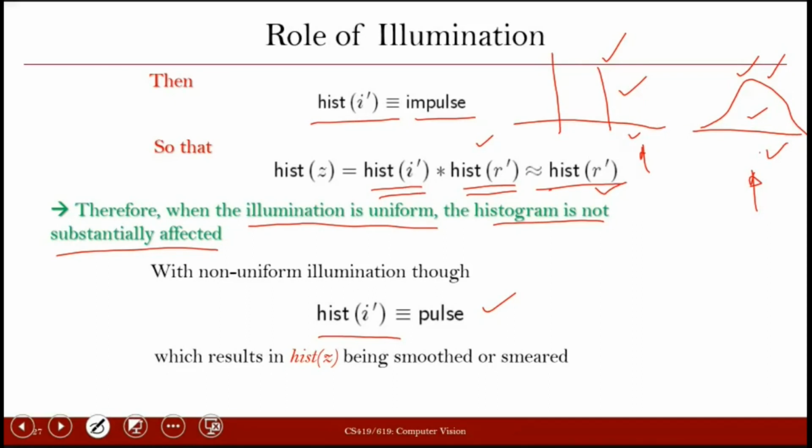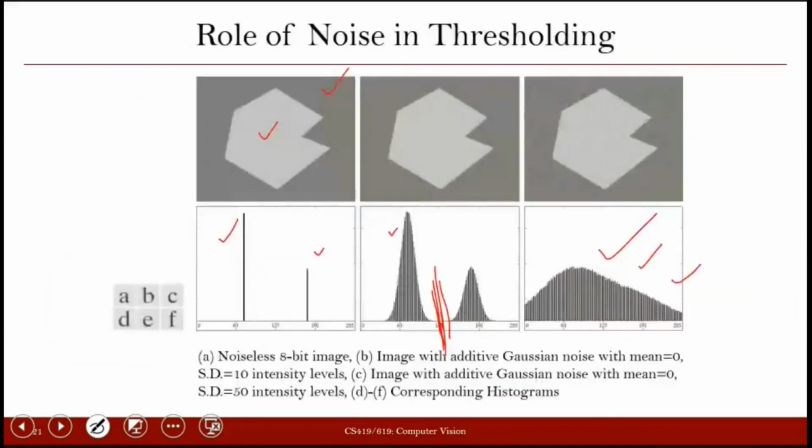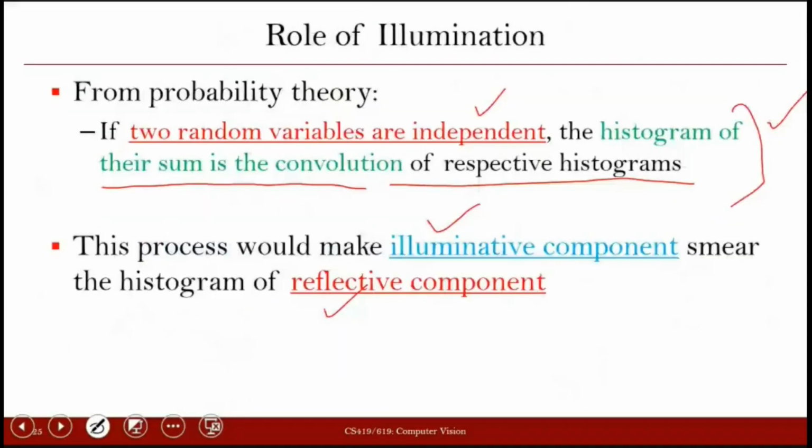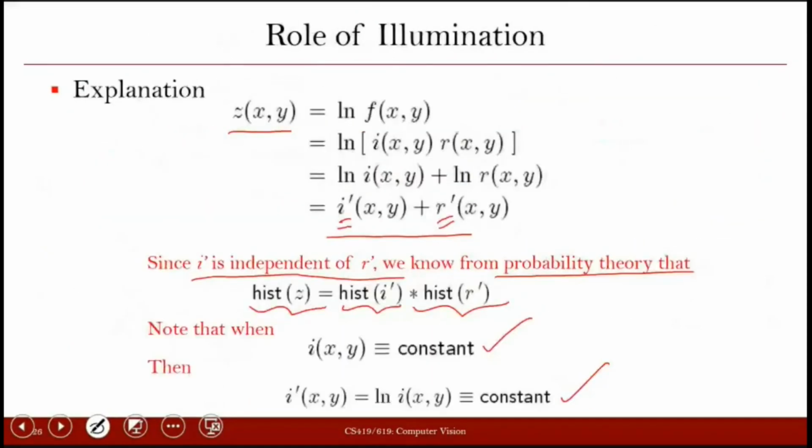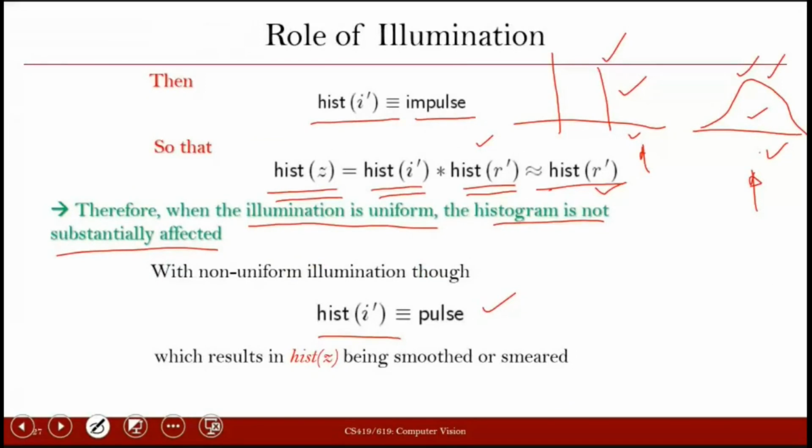So when you are convolving I prime, which is a pulse, with R prime, which is again a pulse, the histogram that you ultimately get for Z will be a very smeared histogram. If the histogram becomes like this, then you can't actually separate the pixels into foreground and background. That is why when the illumination is not uniform, thresholding based techniques face problems.